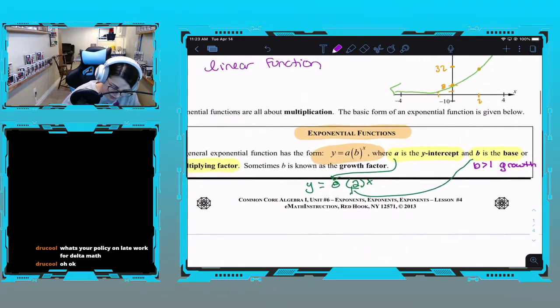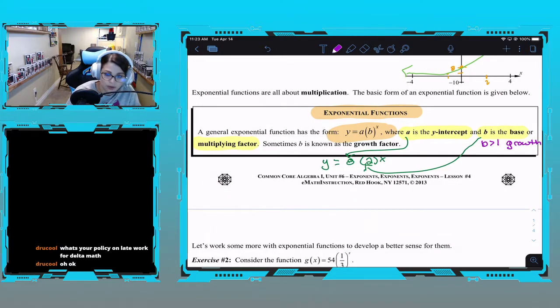And if b is between, but not equal to, 0 and 1, like a fourth or a half or an eighth, then it's going to be decay. I'm getting ahead of myself a little bit, just foreshadowing what is to come. But that a value is where it touches the y-axis, your y-intercept. Super important. Make sure you get that down.